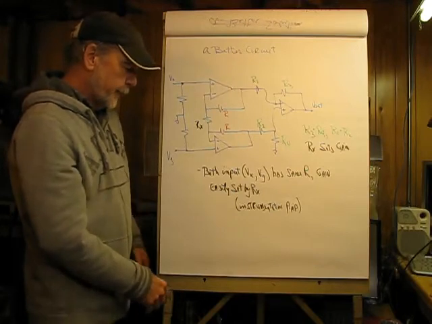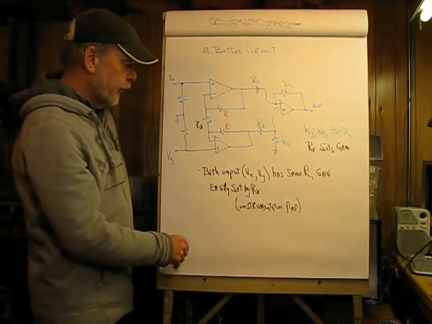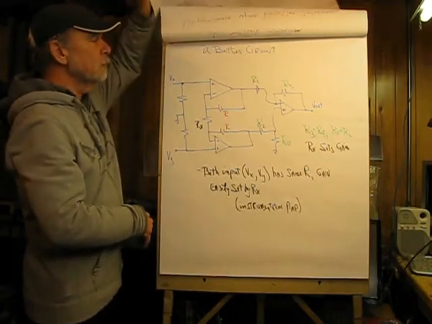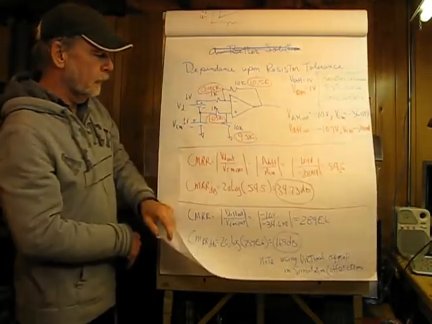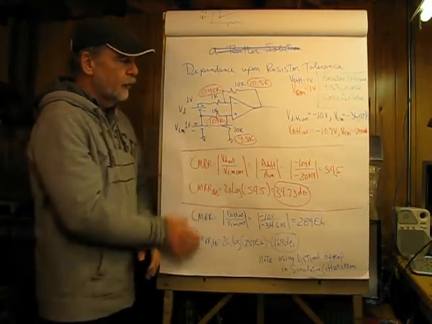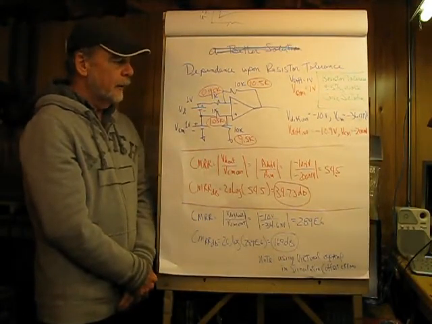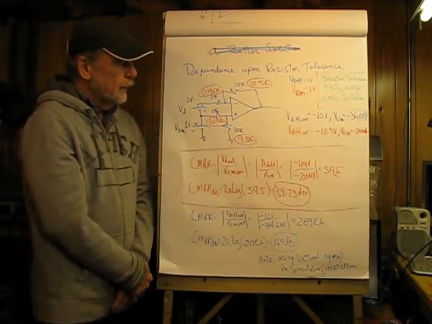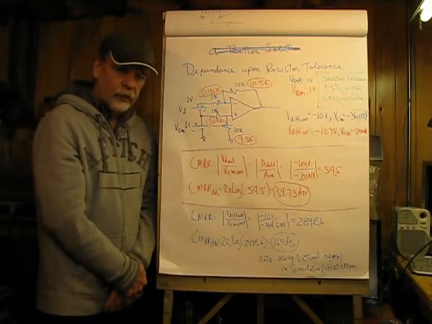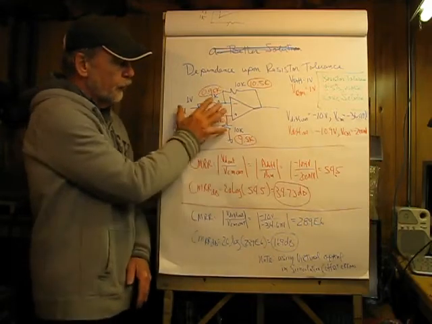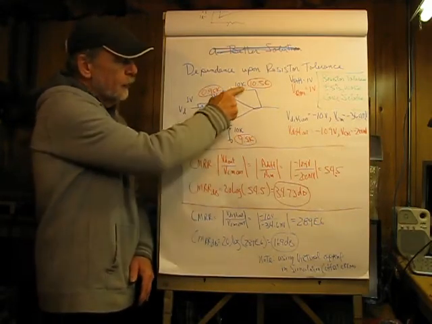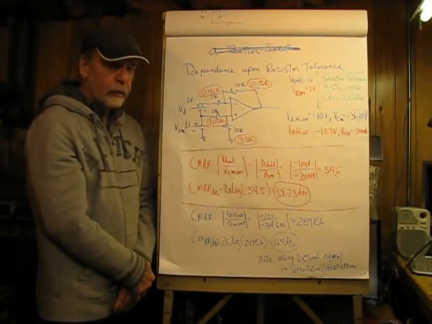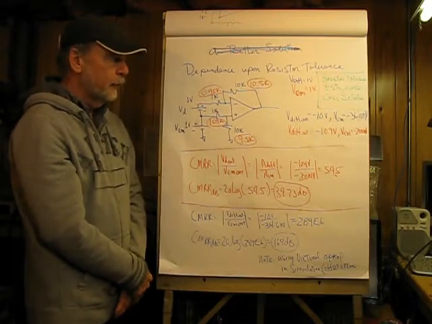And one other thing, with regard to this, let me go back a page here. Yeah, right back to here. If you're designing one of these in discrete, and you want to know what tolerance the resistor should be, you can use this diagram, substitute in your resistors with the worst case tolerance, for example 1%.